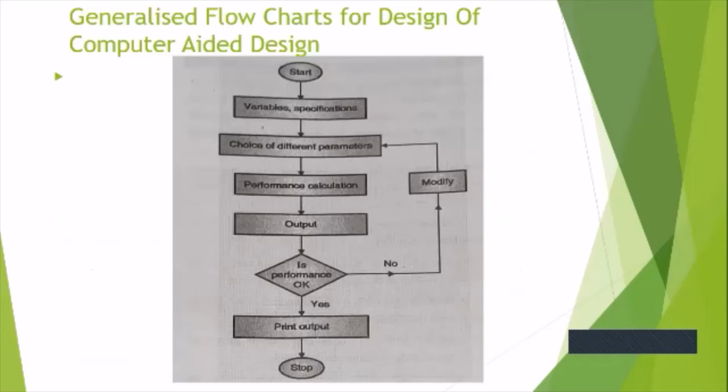Generalized flowchart of computer aided design. See, first is start, then variables and specification, choice of different parameters, performance calculation, output. Then if we do not get our output properly, we can modify it by changing the different parameters.